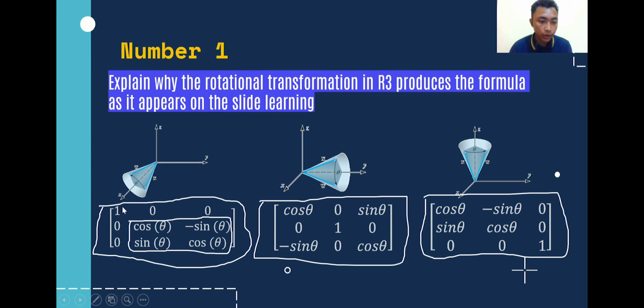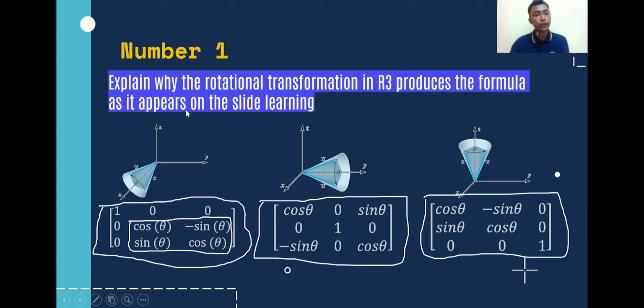If we need to make the coordinate in the x-axis not change, we need to place the value 1 in the center, and we can make a line yang lurus dengan 1 that has value 0, and the same for the z-axis.